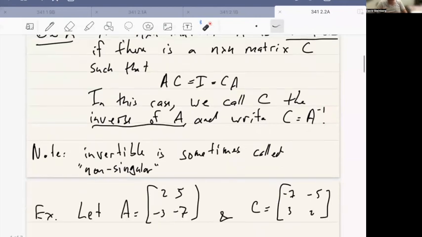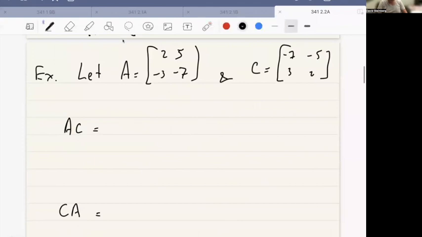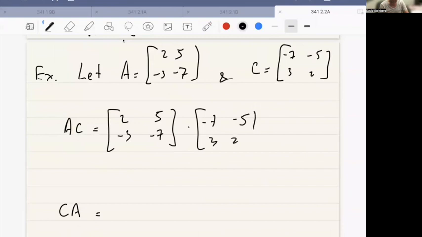So let's look at our first example, and let's just multiply A and C together and verify that they're in fact inverses of each other. We know we can just take the dot product of the first row and the first column to get the respective entries for our product. So we've got 2 times -7 plus 5 times 3. That is -14 plus 15, which is 1. We've got 2 times -5 plus 5 times 2.